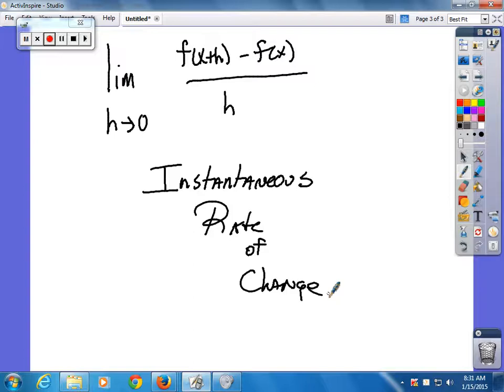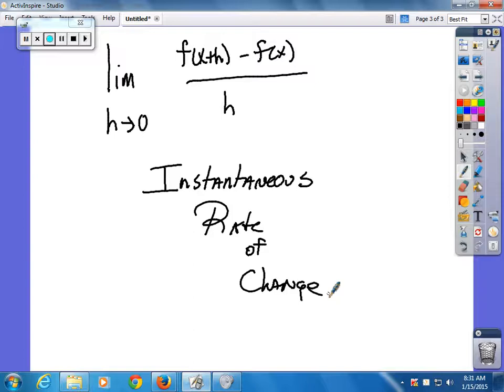Your instantaneous. Instantaneous rate of change, which means I can give you the velocity at any point on the curve. I can give you the distance at any point on the curve. I can give you any magnitude on the curve using that formula.